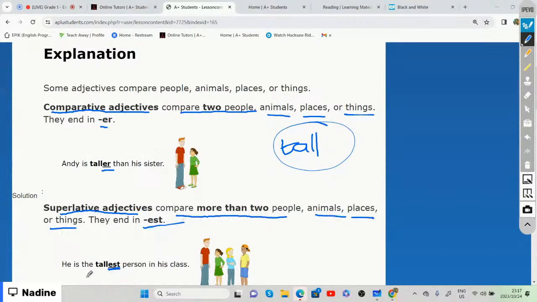So now we have not just compared him to his sister, but we've also compared him to the rest of his class. And of course, there is more than two people in his class. All right.